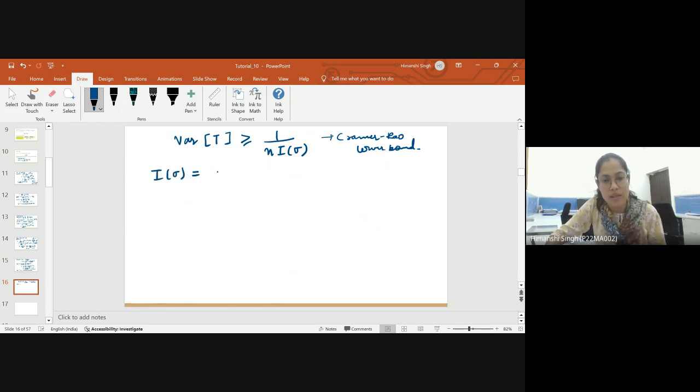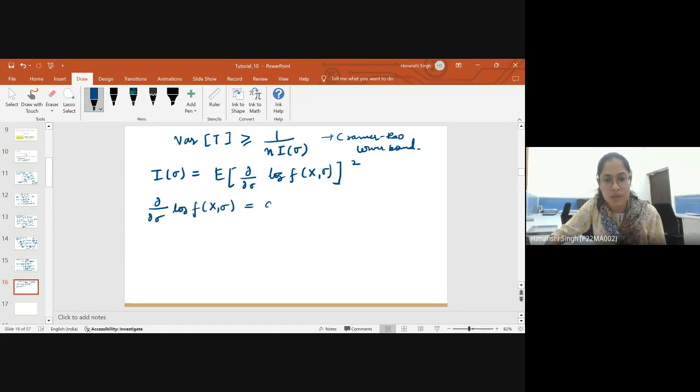So I sigma is expected value of del over del sigma, whole square. We are talking about only the sigma, so over theta is sigma only. So we'll calculate first del over del sigma of log f x sigma.